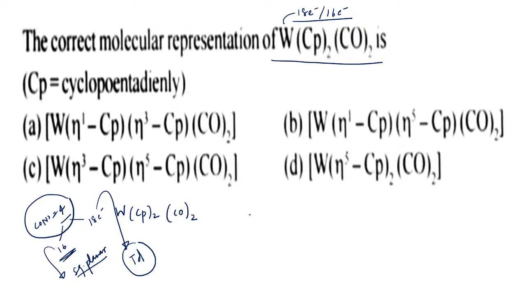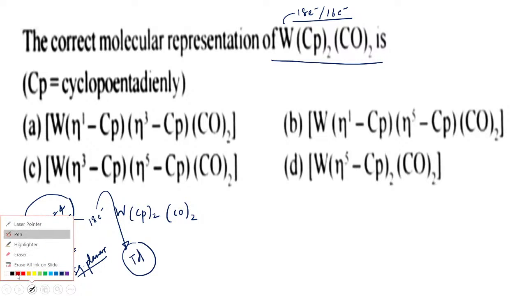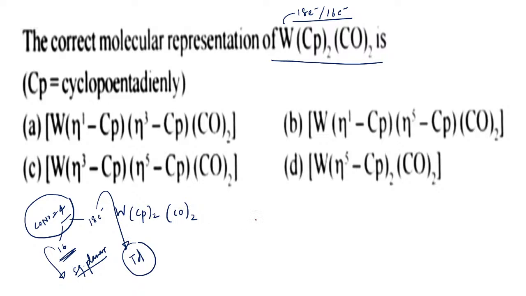Is it 18 or 16 electron complex? Right, okay. So this is first of all an 18 electron complex. And how do we deduce this? First of all, this is tungsten. So you must be thinking that this should be a 16 electron complex because Z effective is too high.